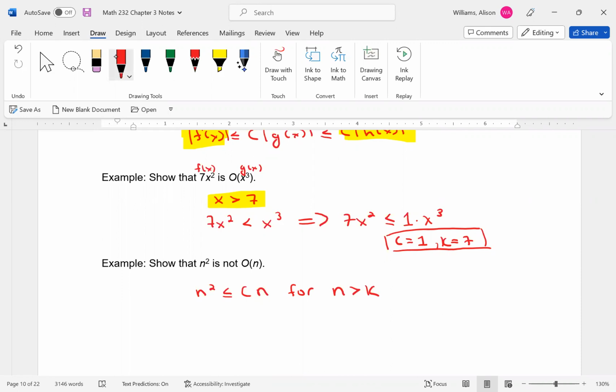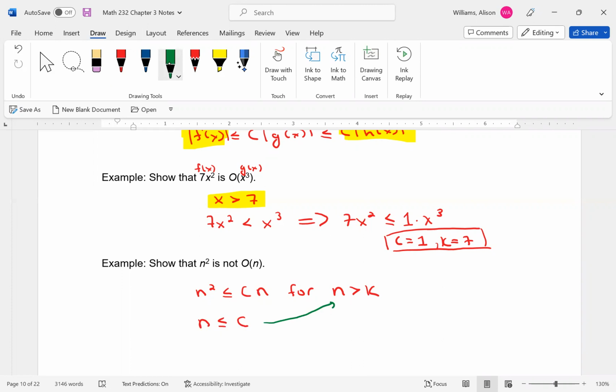Okay, so n is not going to be 0 because we're working with positive constants right now. We know that that's the type of numbers we're working with. So I could divide both sides by n, which means that n needs to be less than or equal to c. Well, that's a problem because this contradicts this statement that n is bigger than k.